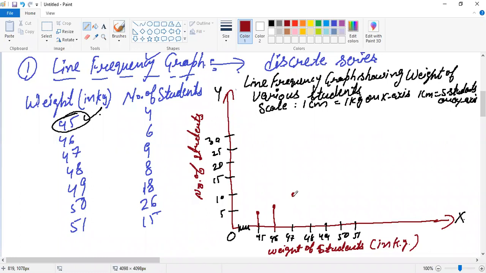Then 8. Next is 18. Then 26. After that, 15. Okay, students, so this is our line frequency graph.